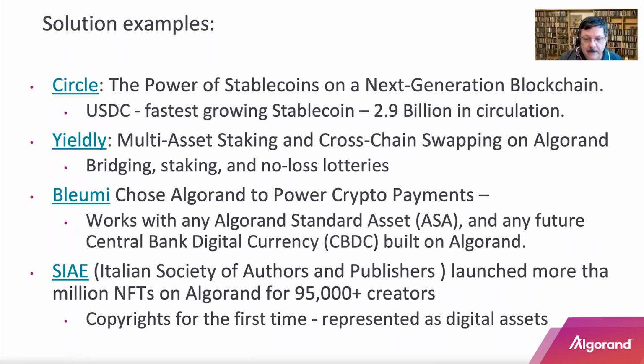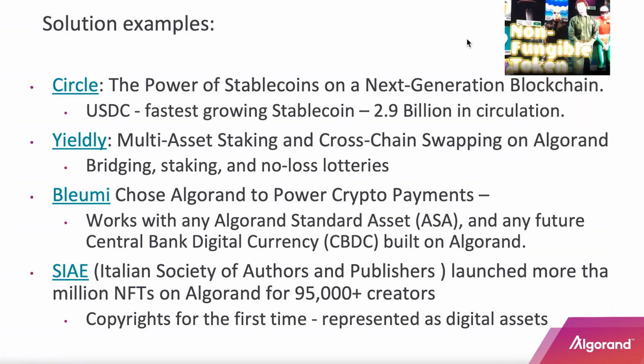This is the way copyrights are going to be done in the future. There's no global boundaries. All of these artists have copyrights represented globally, and they are etched in stone. So this is really a game changer in terms of use cases for blockchain. Very good stuff there. All right, next up.